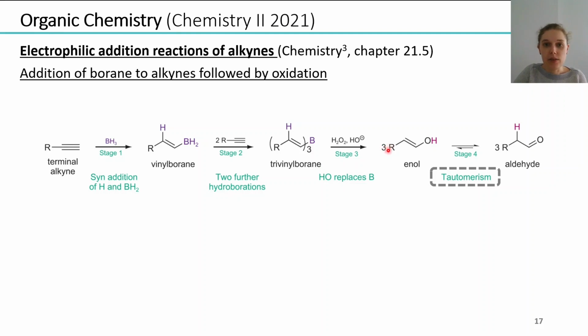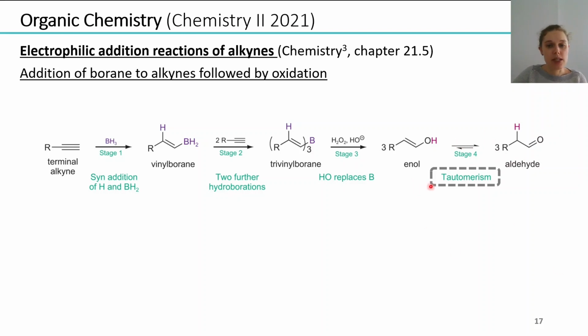Enol means that the hydroxide group is directly attached to a carbon-carbon double bond. The fourth and last step is the tautomerism. It is the equilibrium between the enol and aldehyde. As you can see from the different lengths of the arrows, the aldehyde is thermodynamically preferred.